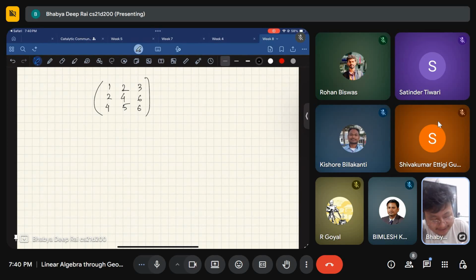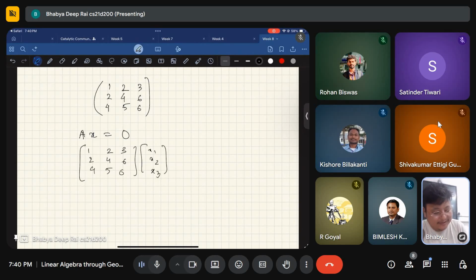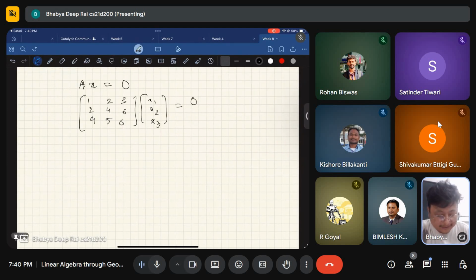The other way to find it is by using the main property of null space, that it is the set of x's that satisfy this. So all you need to do is take the matrix 1, 2, 3, 2, 4, 6, 4, 5, 6 times x1, x2, x3, all those x1, x2, x3 that satisfy this equation, right? So that is null space. It's also called the kernel.